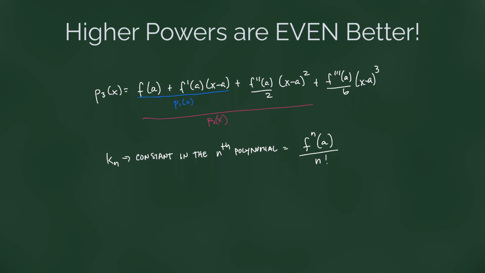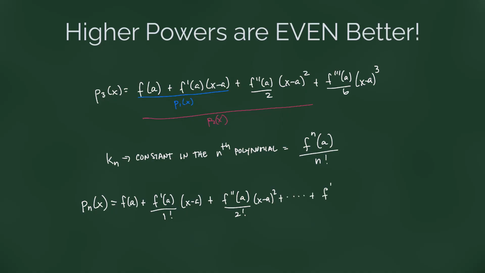In other words, we can establish a rule that says that the nth degree polynomial that approximates f can be given by f of a plus the first derivative over 1 factorial times x minus a plus the second derivative over 2 factorial times x minus a squared plus, and we can continue this pattern on till the nth derivative over n factorial times x minus a to the n.